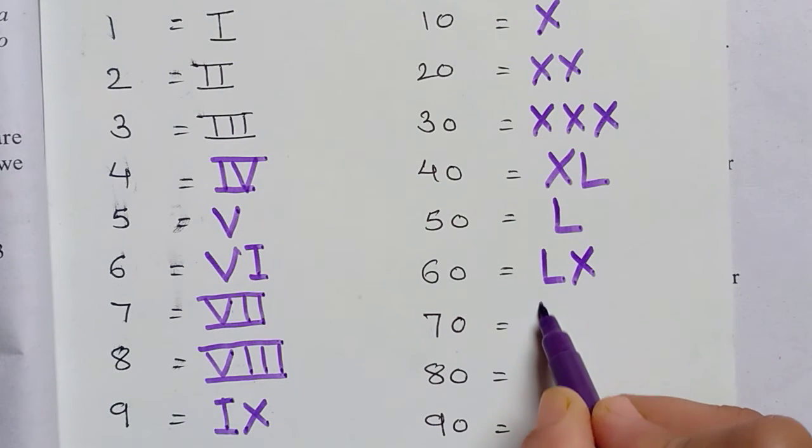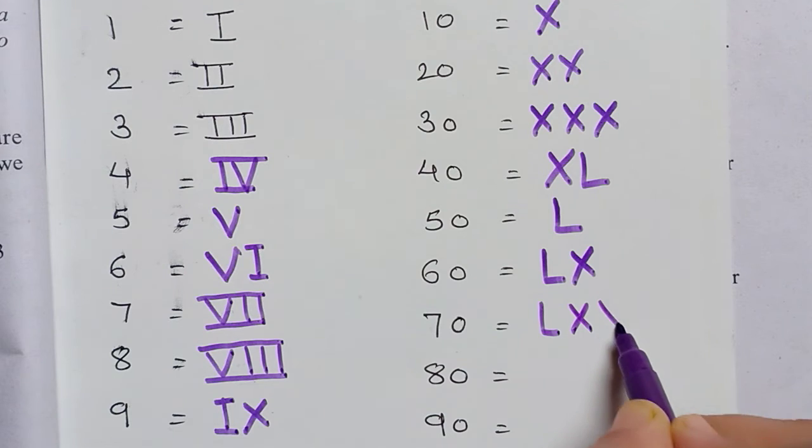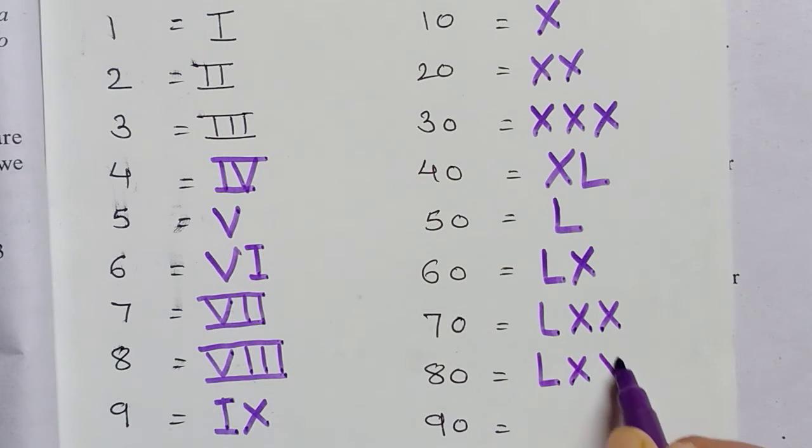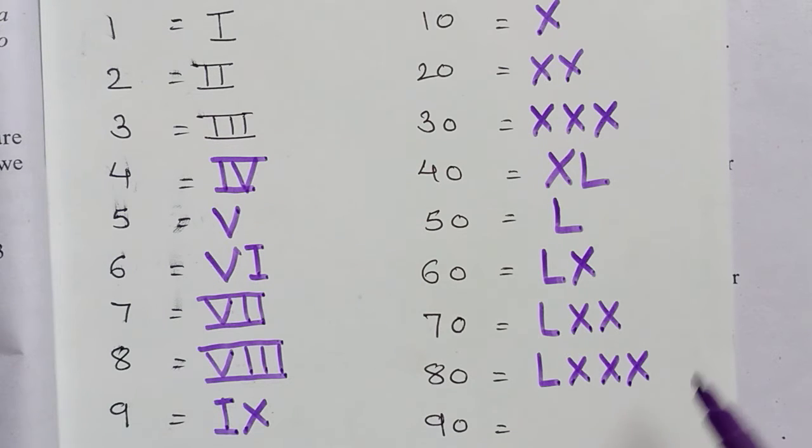Now 70 L double X, 80 L triple X, means L plus 30, it is 80. Now for 90 we have C for 100. So 90 is 100 minus 10. So for minus I will write the X on the left side.